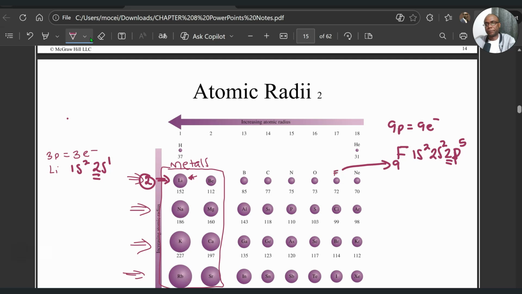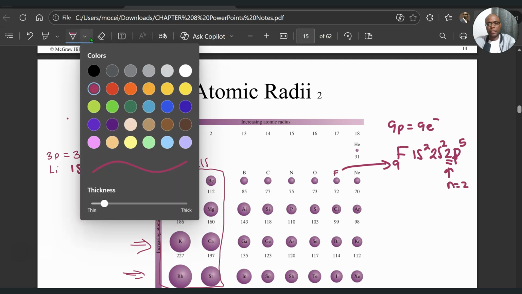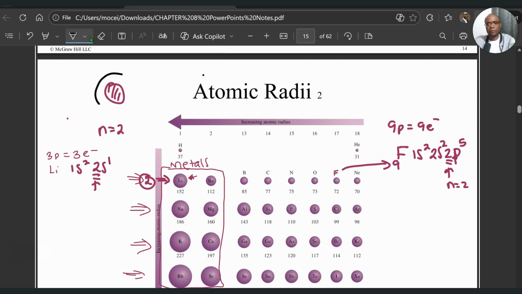I know that because of the outermost shell, n equals 2 for both of them, meaning you have an atom that has 2 energy shells. Here n is 1, here n is 2. So imagine that this is lithium with 3 protons in there. In fact, you can say 3 positives.